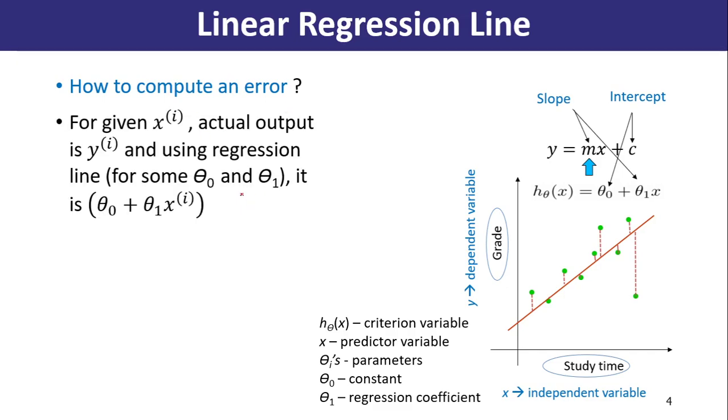For a given sample x i, we have the actual output y i. This superscript i denotes the sample number.